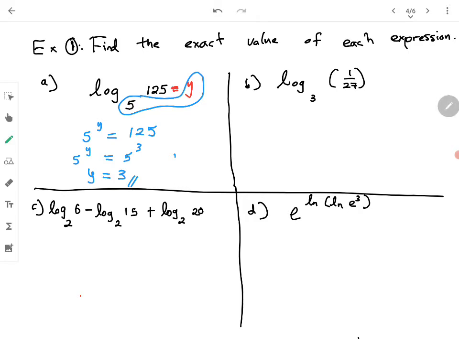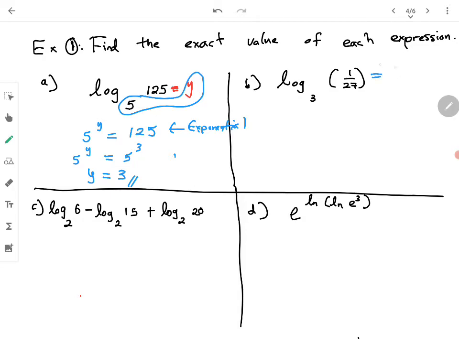So for these types of questions, you are given the log form, so convert it into the exponential form. Once you do that, just write both numbers in the same base, then equate the exponents, then you get the answer.